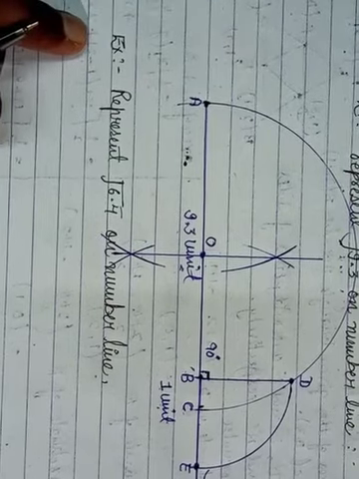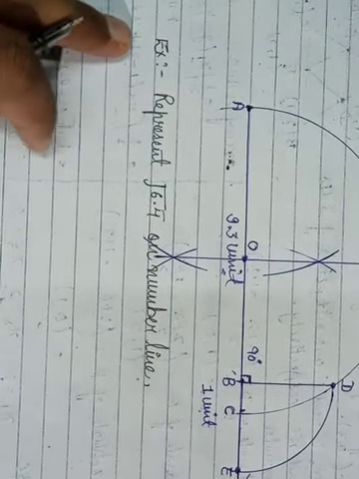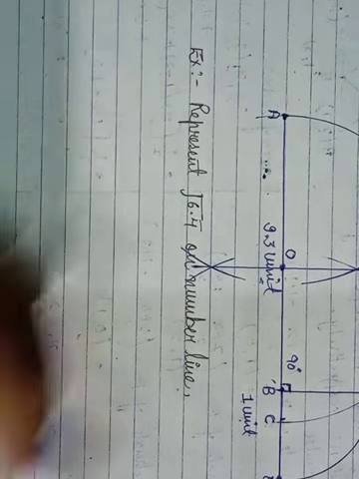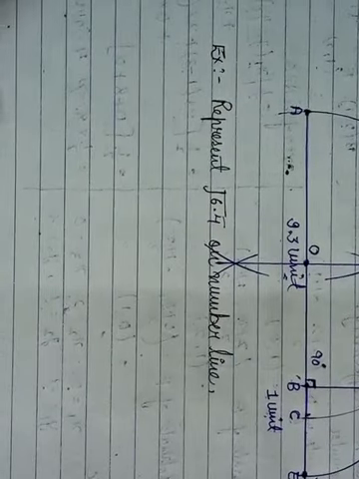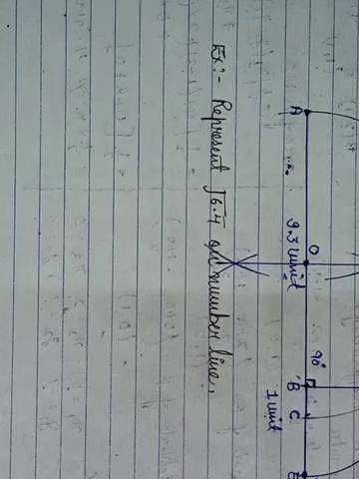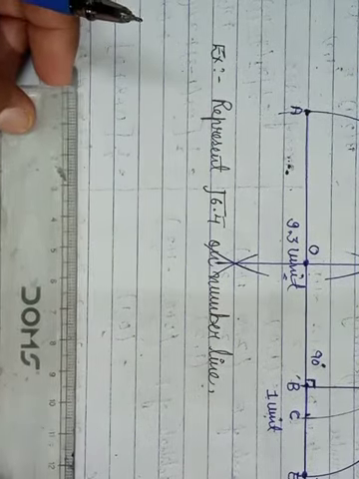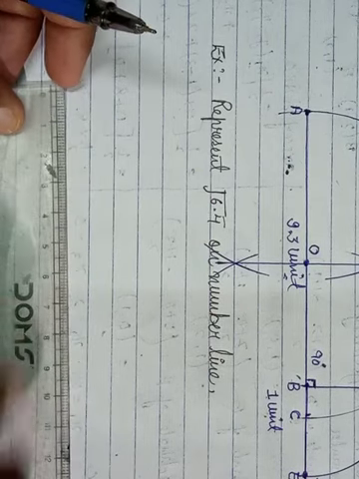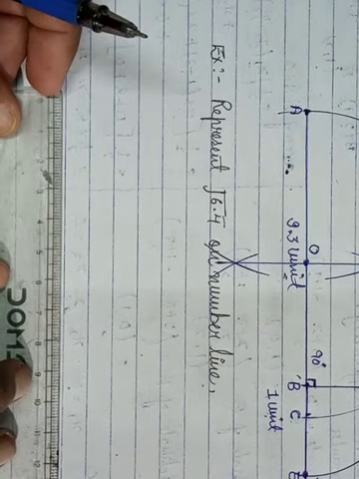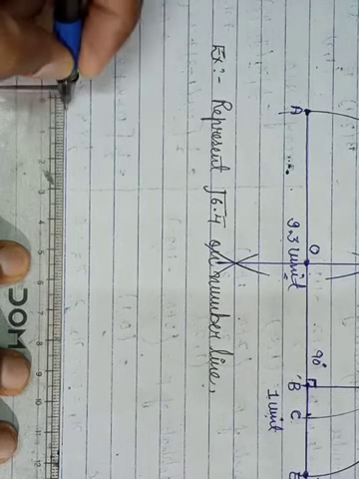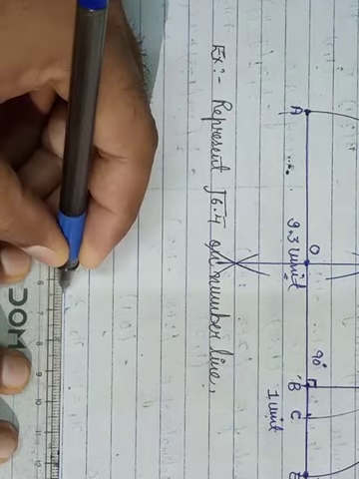Now we take one example here. Represent root 6.4 on the number line. So first of all we will draw a line AB such that it is 6.4 units. Okay, let me draw line AB, 6.4 here.